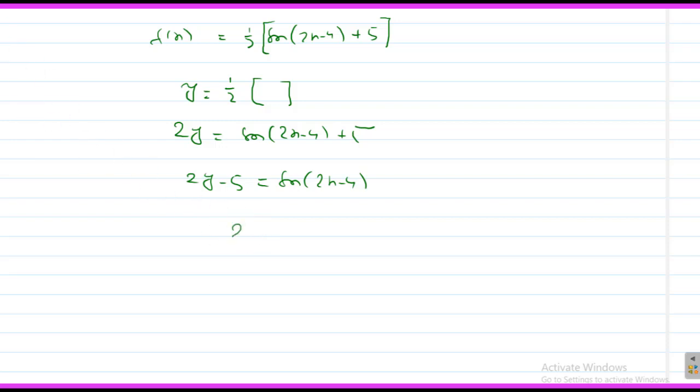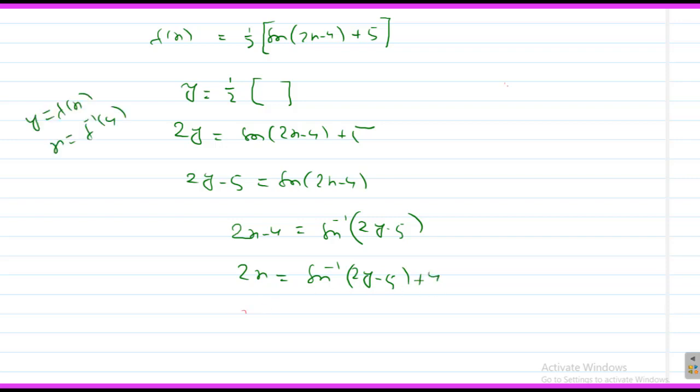With some conditions I can write 2x minus 4 equal to sine inverse of 2y minus 5, or 2x equal to sine inverse of 2y minus 5 plus 4. Now I can say that x is equal to 1 by 2 of sine inverse of 2y minus 5 plus 4.